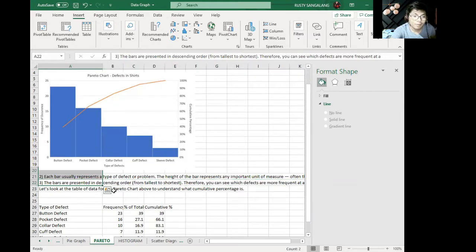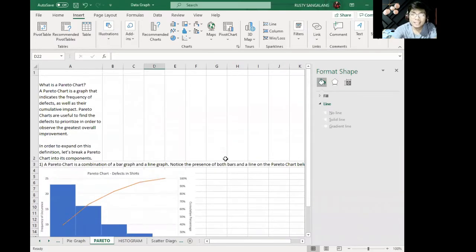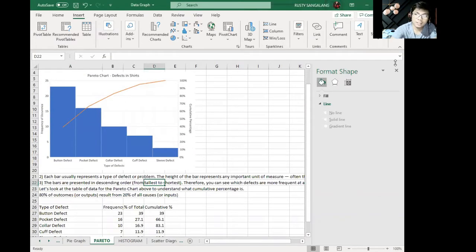So let's look at the table of data of the Pareto chart above to understand what cumulative percentage is. As we all know, the Pareto chart has the 80-20 rule. It pertains that 80% of outcomes or outputs result from 20% of all causes or inputs. So makikita natin dito, alin ba yung dapat i-prioritize natin in terms of solving the quality issue.